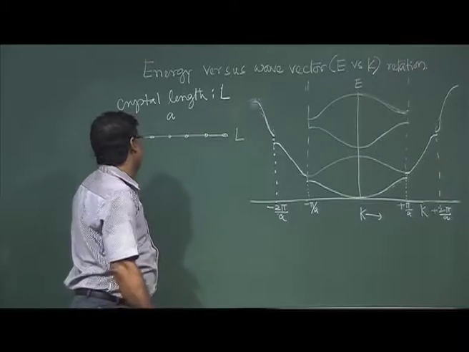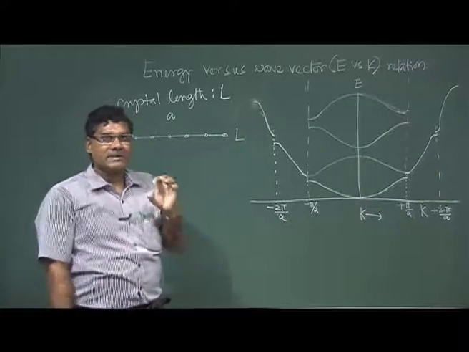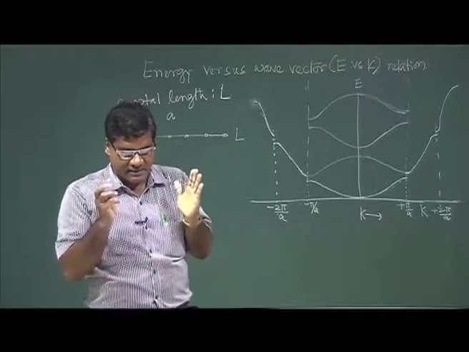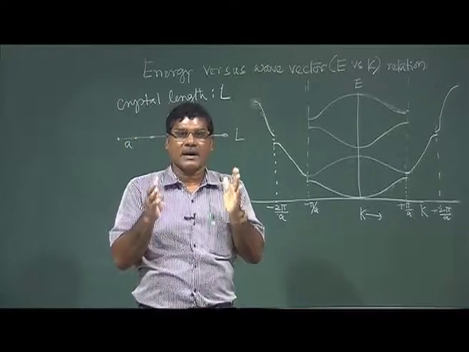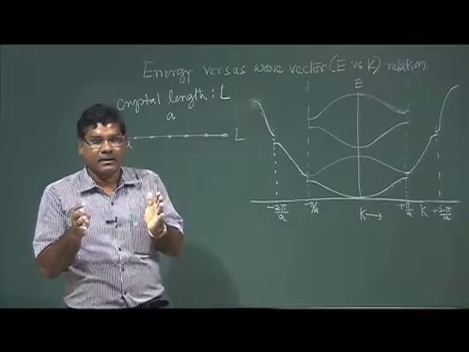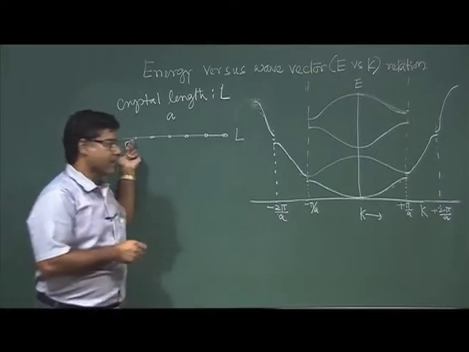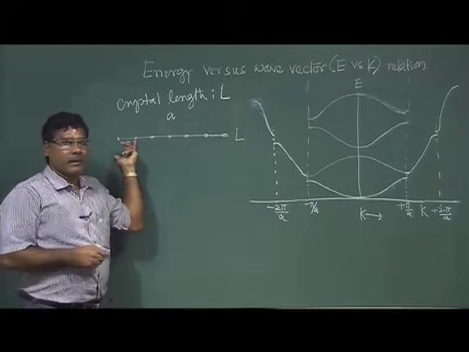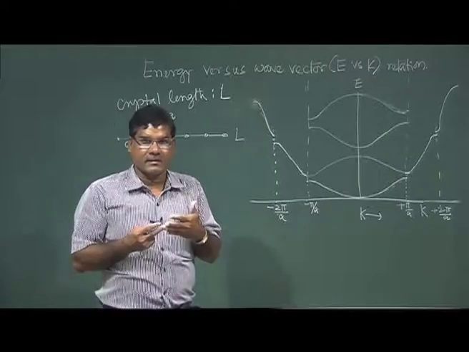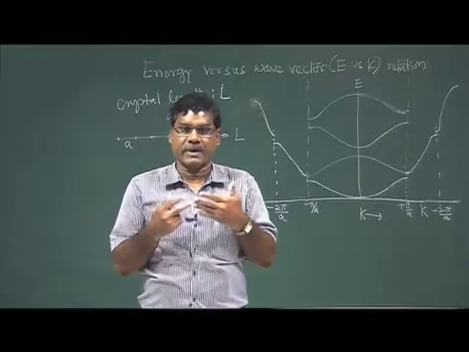And if we consider the primitive unit cell, one lattice point per unit cell, one can find out how many unit cells are there in that one dimensional crystal of length L, if the lattice constant is a.